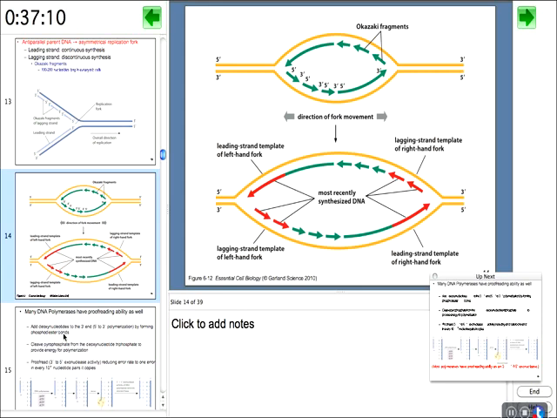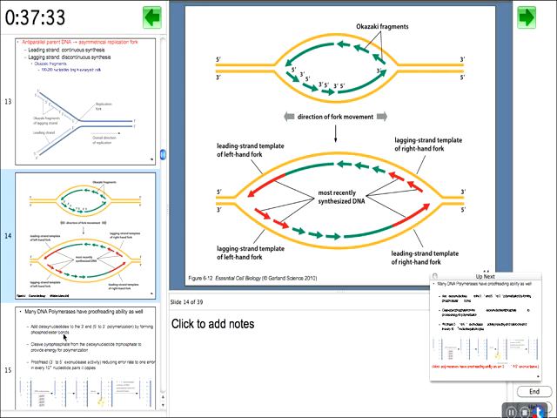Replication happens from this ORI in both directions at the same time, which really gives us 4 centers of activity, because if you're going this direction, you're going to have a leading and a lagging strand. And if you're going this direction, you're going to have a leading and a lagging strand. So you wind up with 4 areas of replication happening all at the same time.